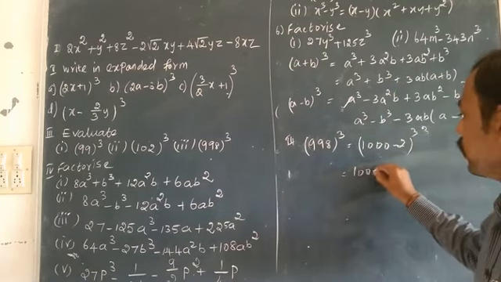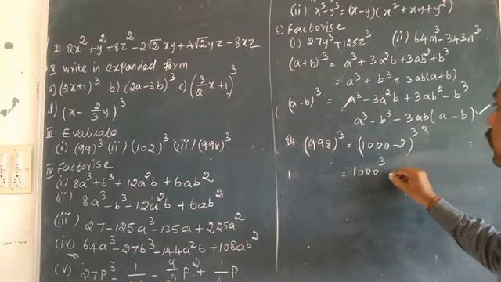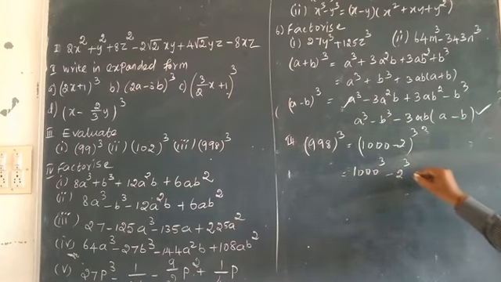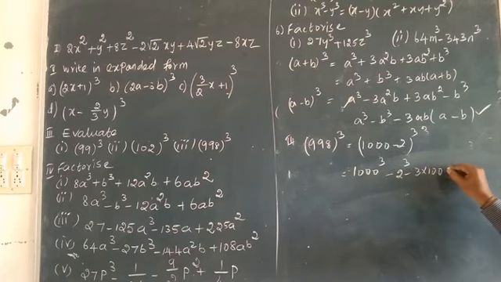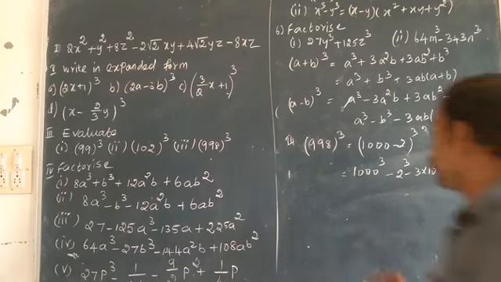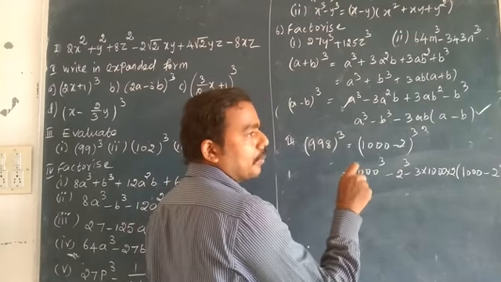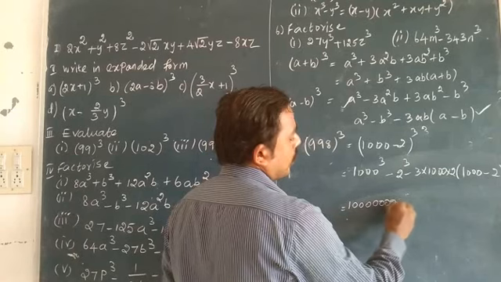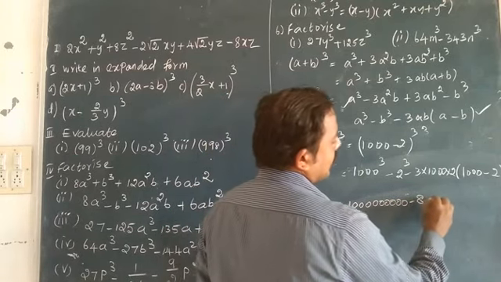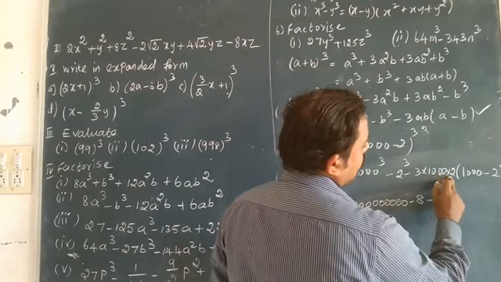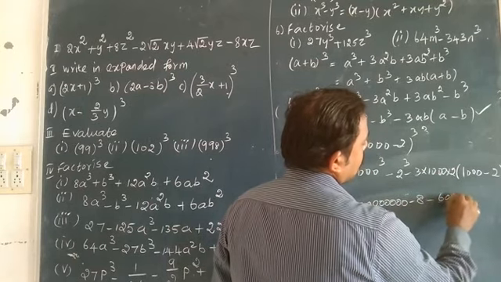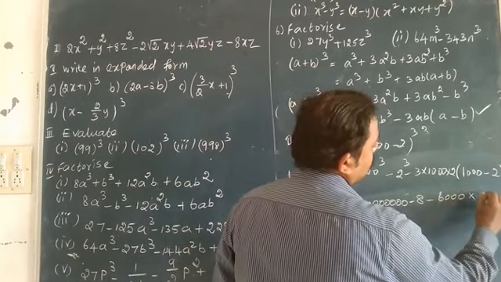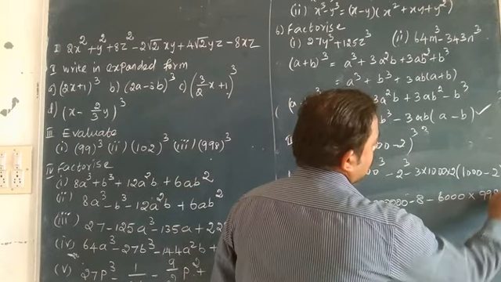So 1000^3 - 2^3 - 3 into 1000 into 2 into (1000 - 2). 1000^3 is 1000 multiplied three times, so 1,000,000,000, minus 2^3, 8, minus 3 into 2, 6, then 6000 into (1000 - 2), 998.